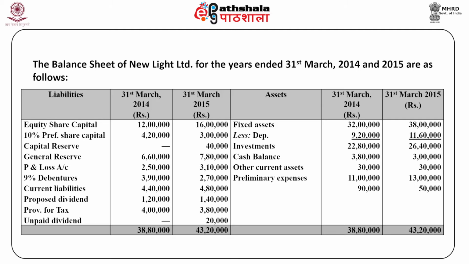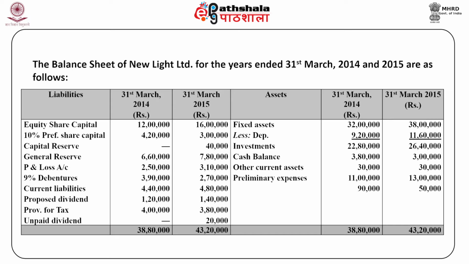Profit and loss account 2 lakh 50,000, 3 lakh 10,000. 9% debentures 3 lakh 90,000, 2 lakh 70,000. Current liabilities 4 lakh 40,000, 4 lakh 80,000. Proposed dividend 1 lakh 20,000, 1 lakh 40,000. Provision for tax 4 lakh, 3 lakh 80,000. Unpaid dividend 20,000.